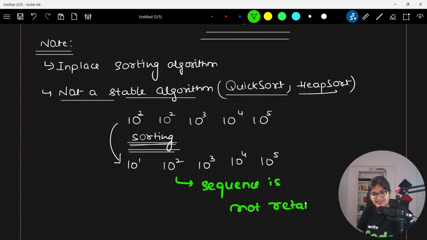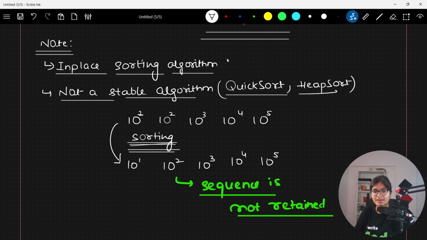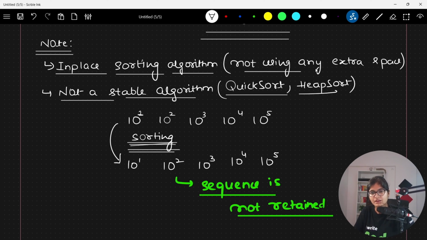That's why it is not a stable algorithm, but it's an in-place sorting algorithm. That's a good thing, meaning we are not using any extra space to implement it, right?